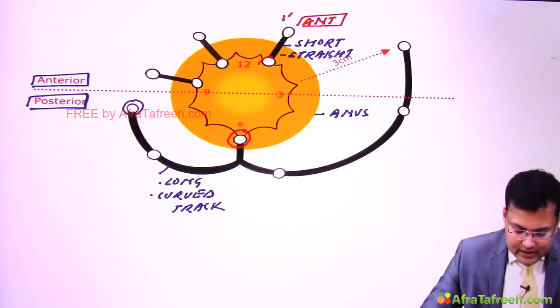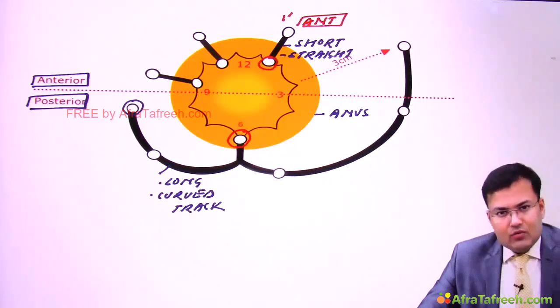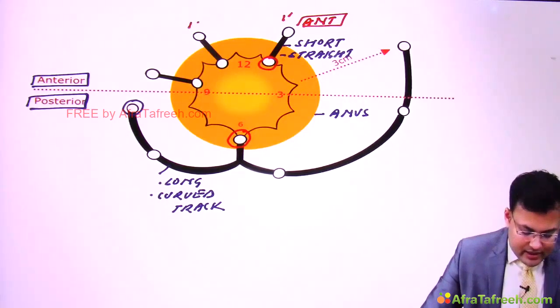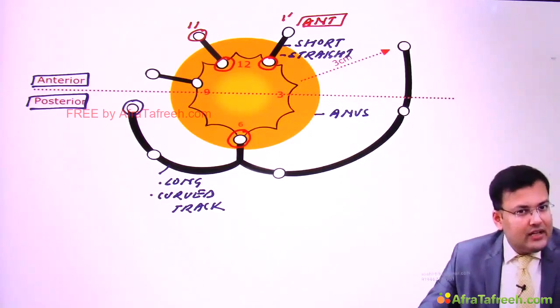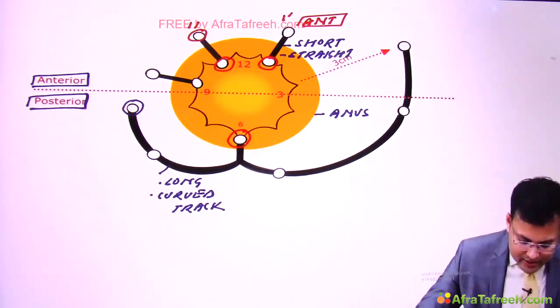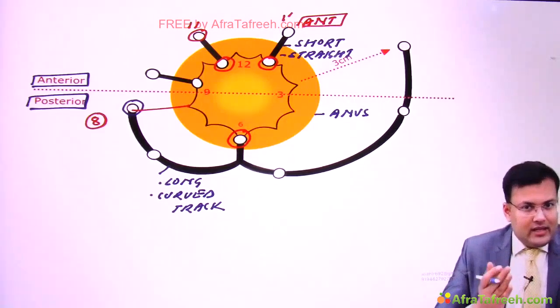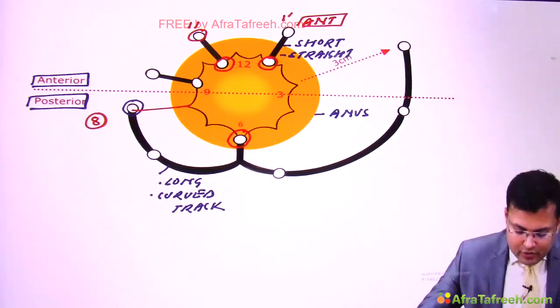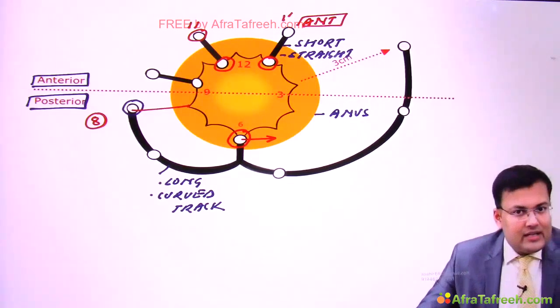So if you see, the internal opening is also located at 1 o'clock position. Here it is located at 11 o'clock position. So here you can see the internal opening is also located at 11 o'clock position. Now here you see it is located at 8 o'clock position. Since it is posterior, here you see the internal opening is at 6 o'clock position.